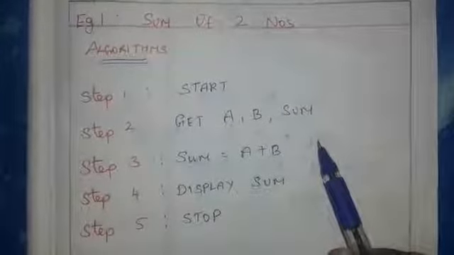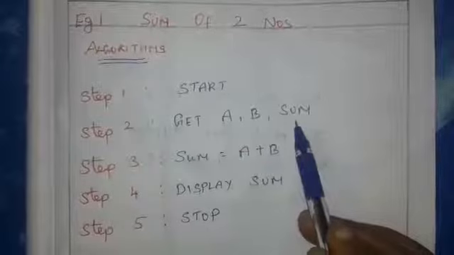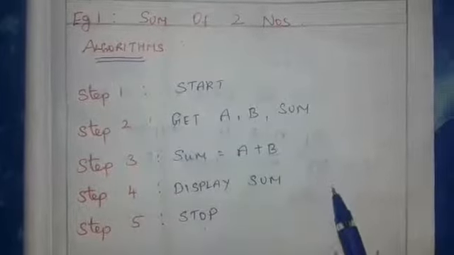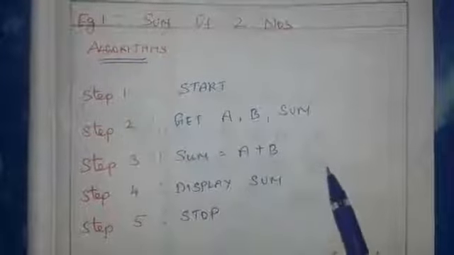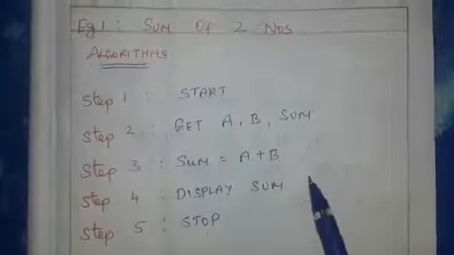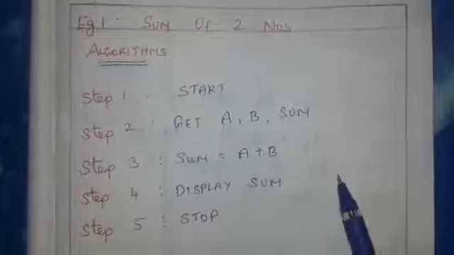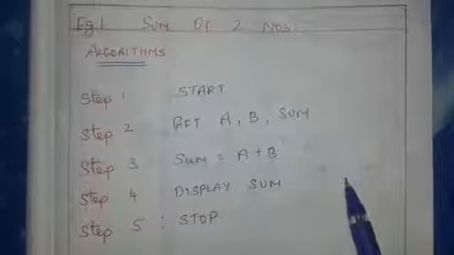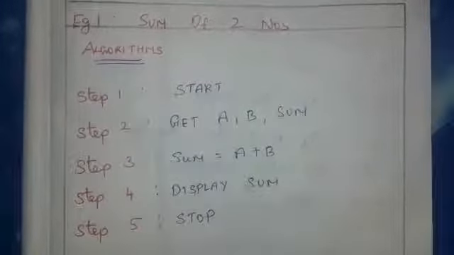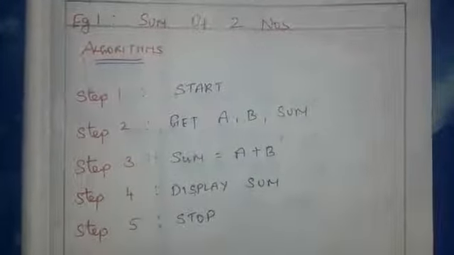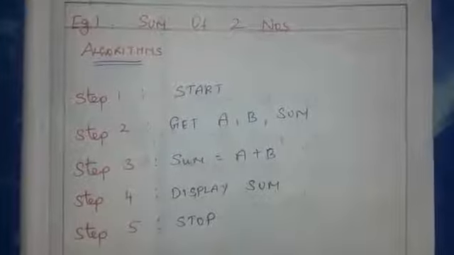The answer has to be stored in a third variable, that is sum. The third step is calculation: sum is equal to a plus b. The operator used here is the addition operator plus. Now the answer is stored in sum. So display sum, stop. This is the algorithm to find the sum of two numbers.